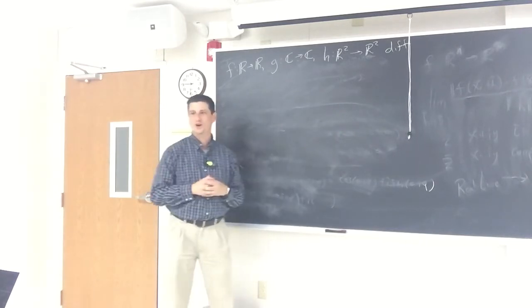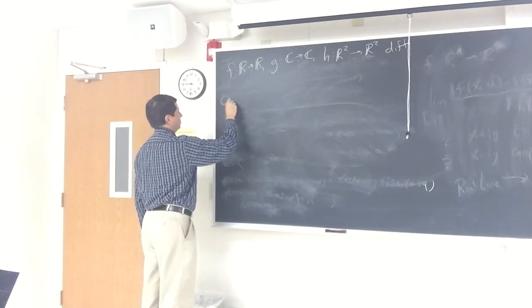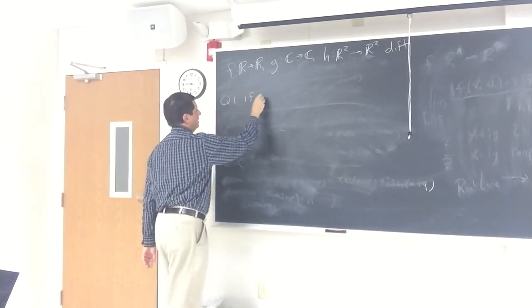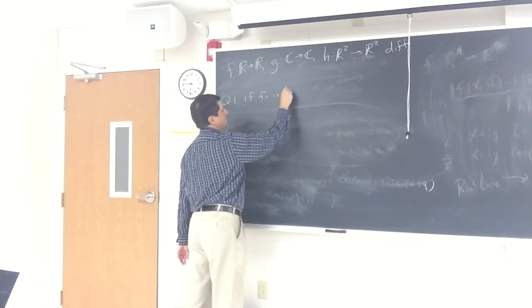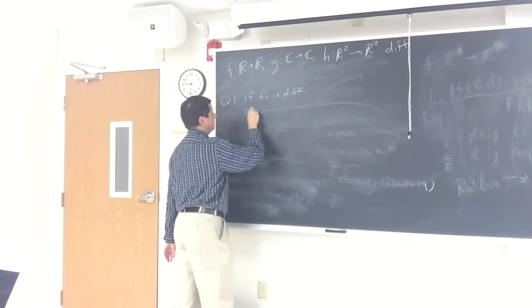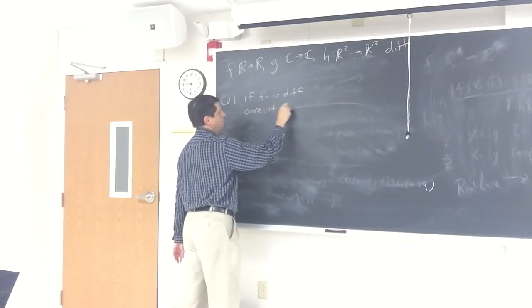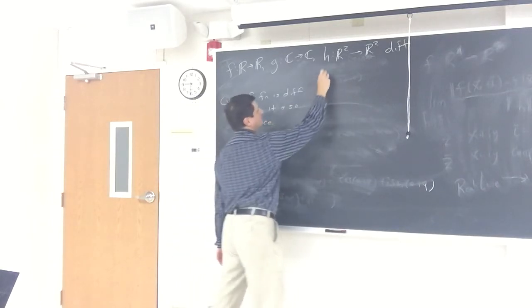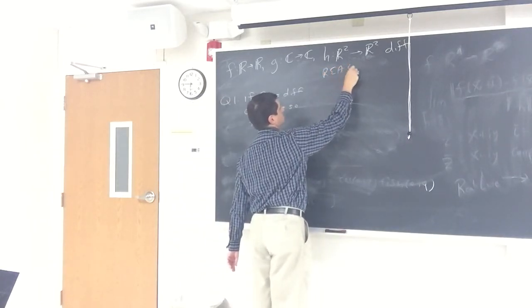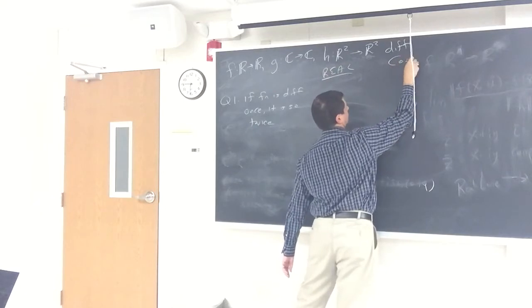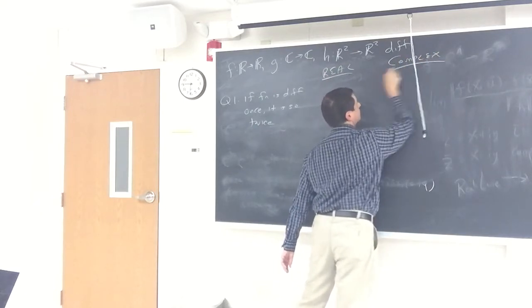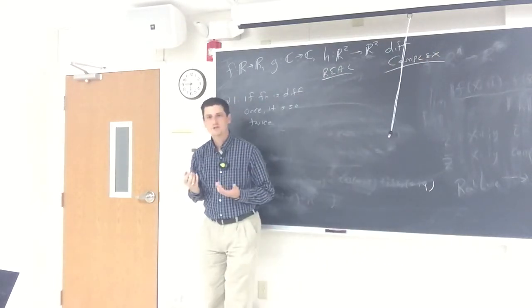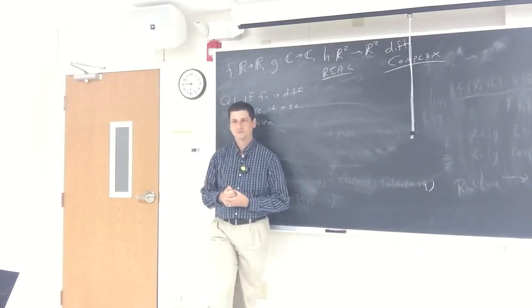We'll figure out later which one. So first question. If the function is differentiable once, it is so twice. So what do you think? If my function is differentiable once, it's differentiable twice.